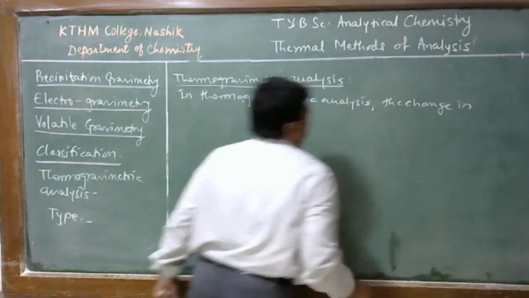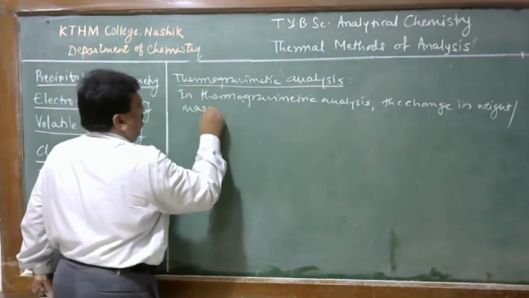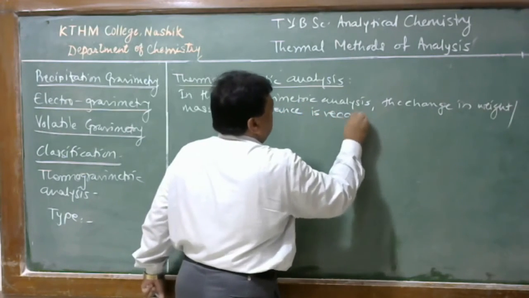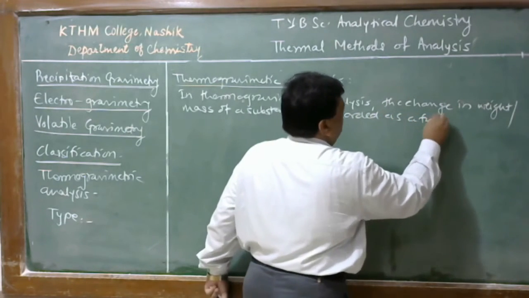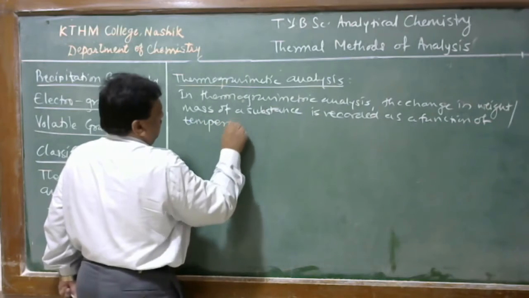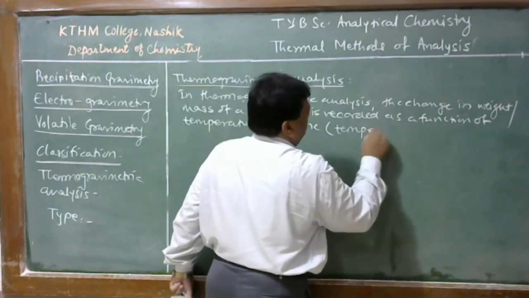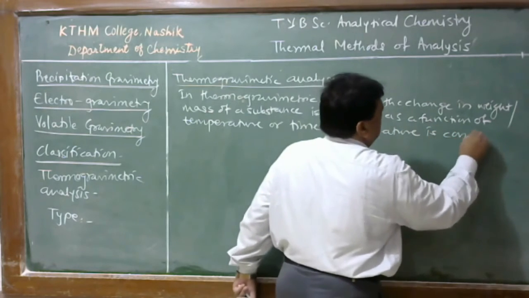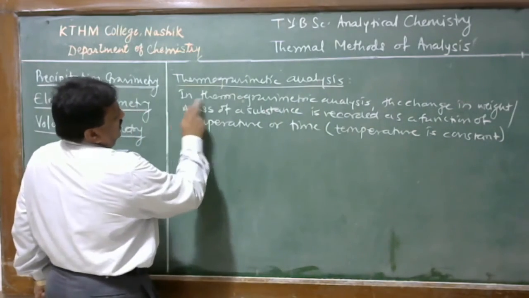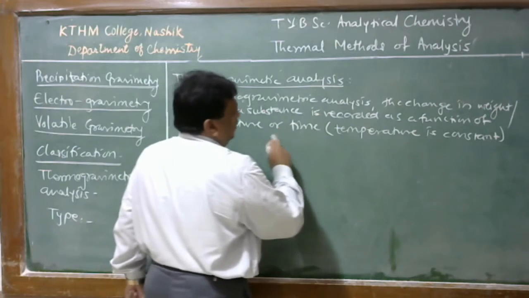In thermogravimetric analysis, the change in weight or mass of a substance is recorded as a function of temperature, or sometimes time, when temperature is constant.